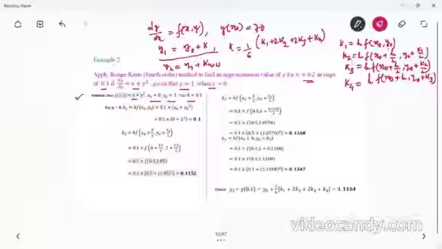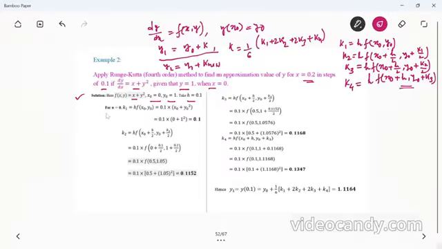For K3, h f of x1 plus h by 2, y1 plus k2 by 2. For k4, h f of x1 plus h, y1 plus k3. So we can calculate. Again, if you need y3, then it will be changed accordingly. We can easily find all these values.